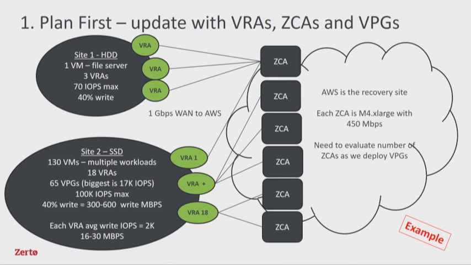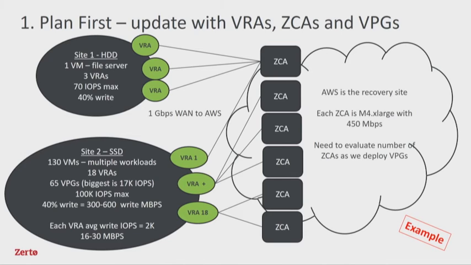In this case, it was a customer between 100 and 120,000 IOPS, and so we figured we'd keep the ZCAs around 20,000 IOPS, which you'll see on the standard AWS instance is coming in around 20,000 IOPS if you have smallish block sizes.